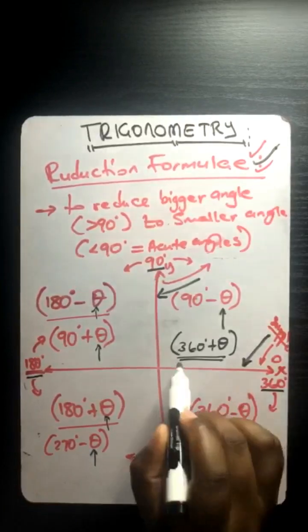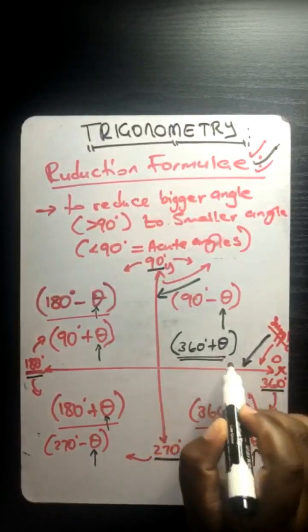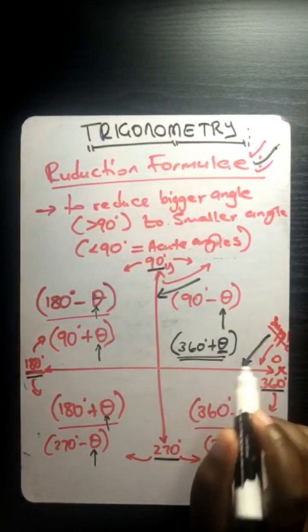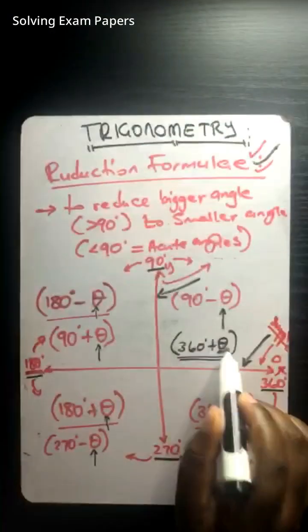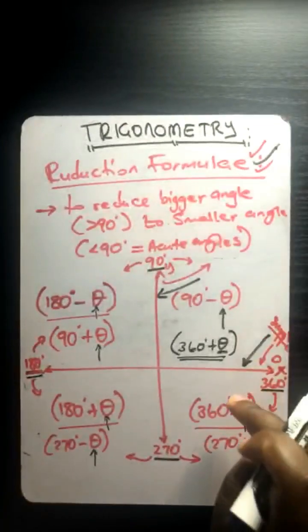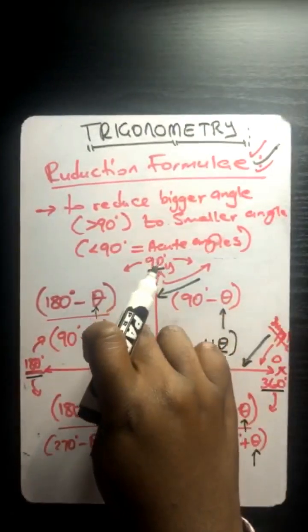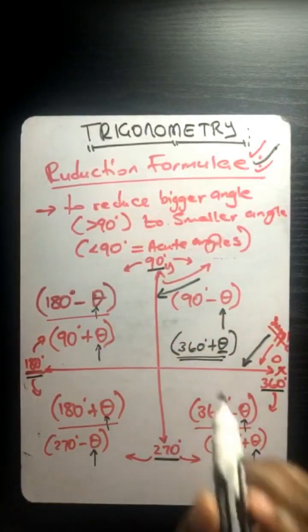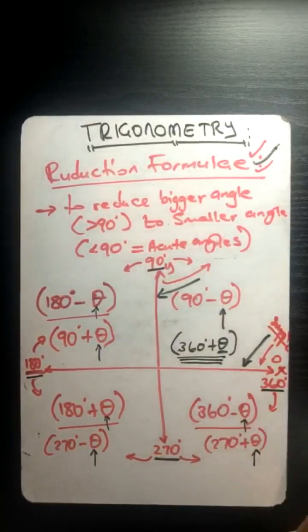But for 360 plus an angle, it doesn't mean it automatically falls in the first quadrant, second quadrant, third, or fourth. There is a possibility of something similar to this happening.